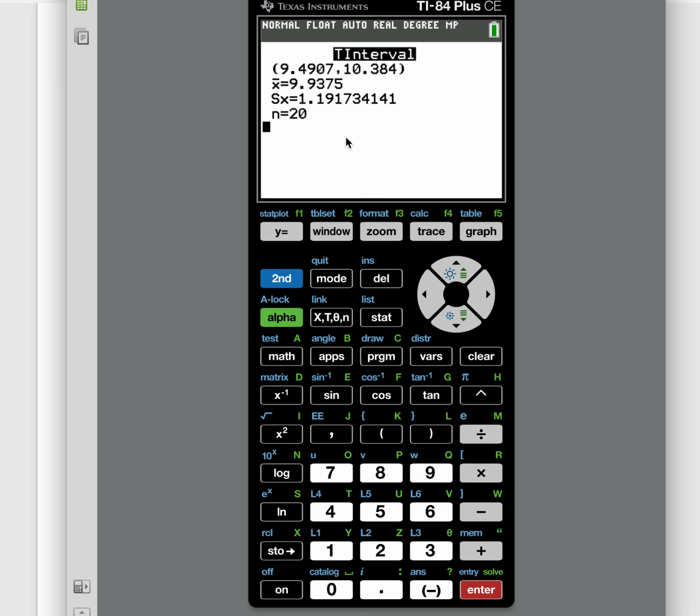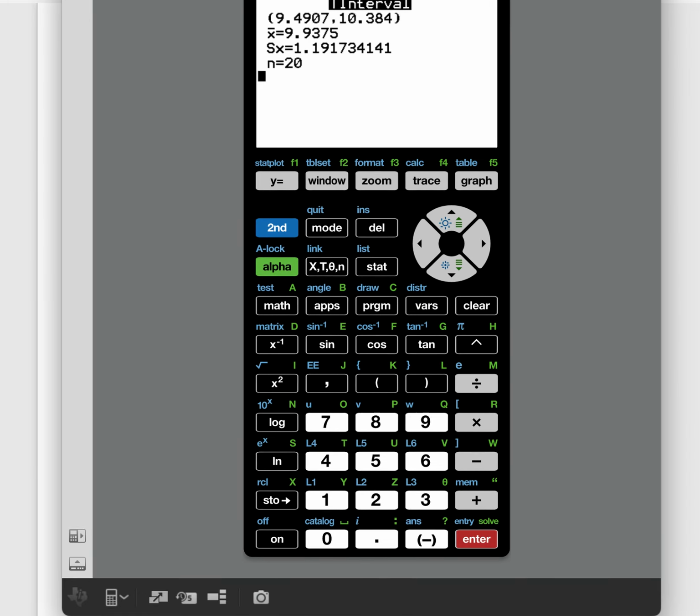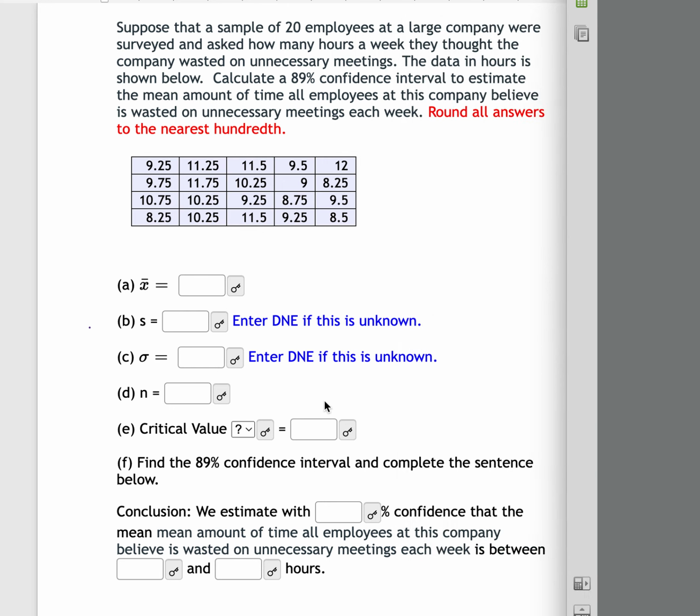Okay, now from the list here of data, the T interval is 9.49. That's the low end. I think it said round to two places. Yep, round to two places. So for the low end, we're going to put 9.49. And for the high end, our upper limit, we're going to put 10.38. So that's going to go down here.